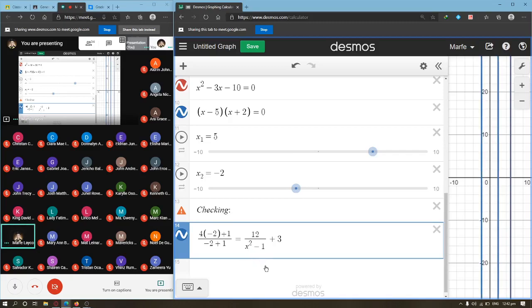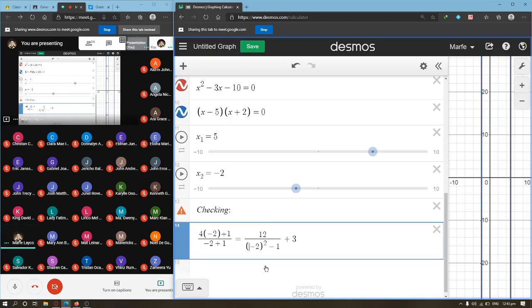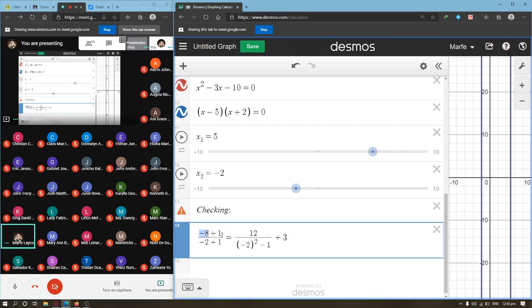X, negative 2. Okay. Since naka-substitute na sila, 4 multiplied by negative 2 is negative 8. So, negative 8 plus 1 is negative 7. Negative 2 plus 1 is negative 1.